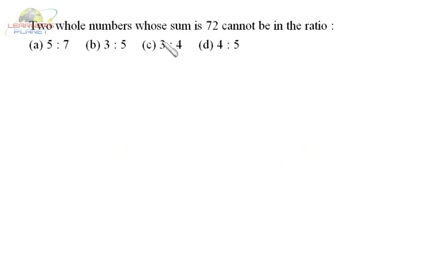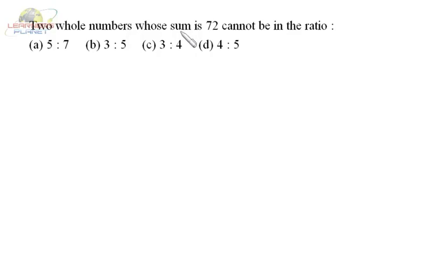Now, two whole numbers whose sum is 72 cannot be in the ratio... That means in this particular problem we have to find the ratio whose sum is not a factor of 72. Okay, now we have to see whether 72 can be distributed in the ratio 5 is to 7 or not. Now what is the sum of 5 and 7? That is 12.